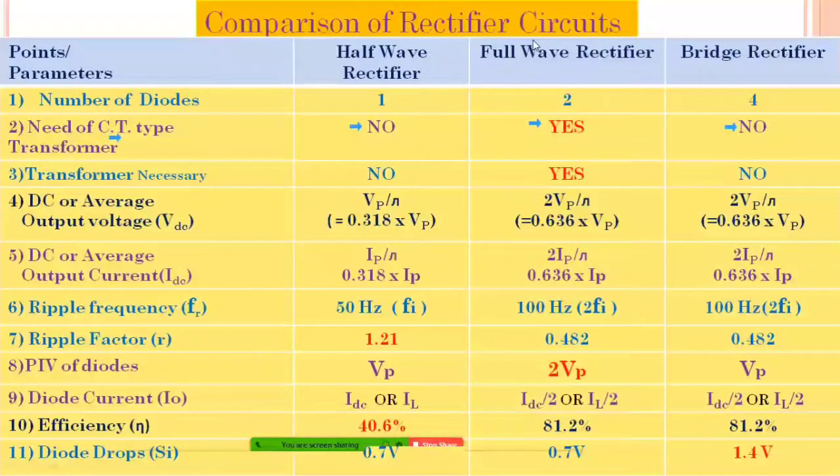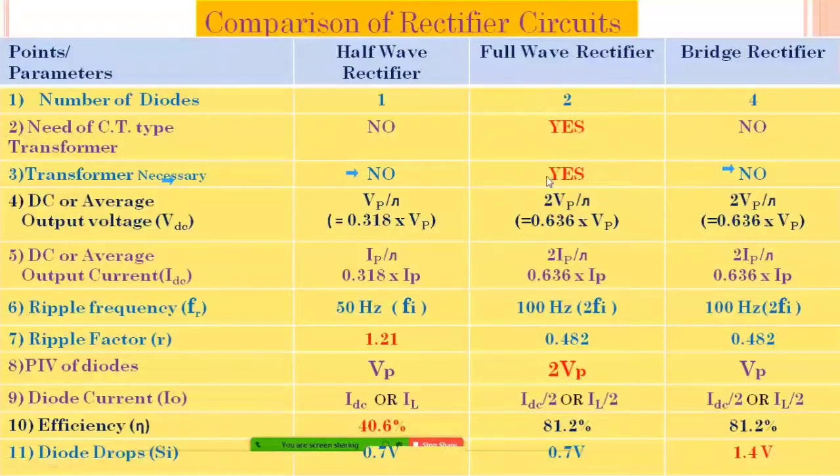Then come to the third point of comparison, whether a transformer is necessary or essential for construction of the rectifier. As you learned, in a DC power supply a step down type of transformer is mostly used to lower the AC mains voltage, but if either lowering or increasing of AC voltage is not needed, that means step up or step down of the voltage level is not required, then we can construct half wave as well as bridge rectifiers without using a transformer, which is not the case for full wave.